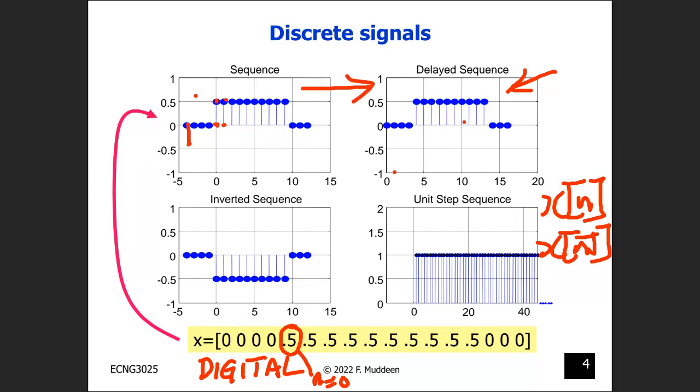It is now delayed by 4 units. So this is now x[n minus 4]. In other words, the zero time has gone. If I put n equal to 4 here, that's where the zero time now is. It has gone from here to n equal to 4 here. Remember that?